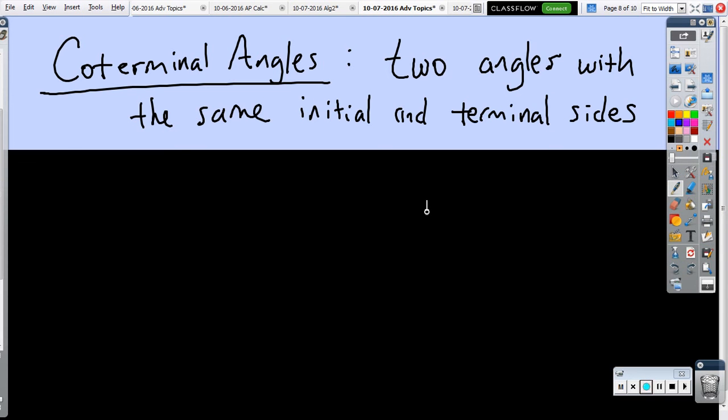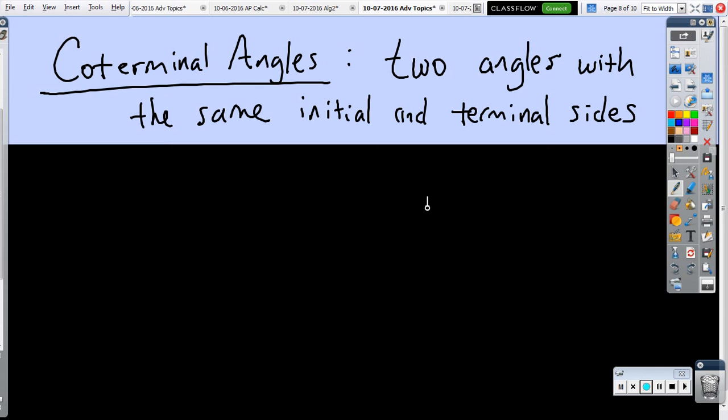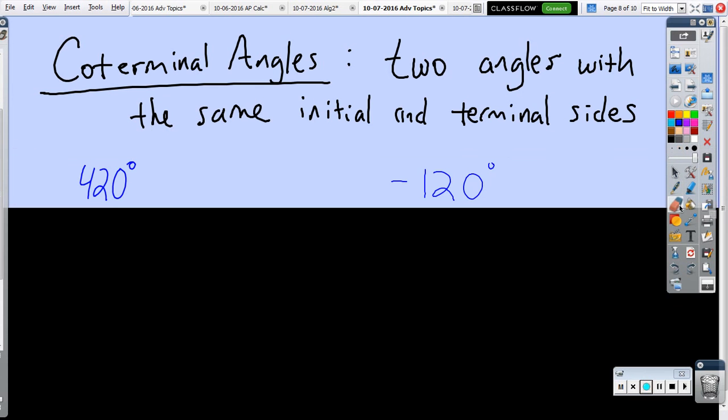Say you had 420 degrees. In this example, they say assume the following angles are in standard position.